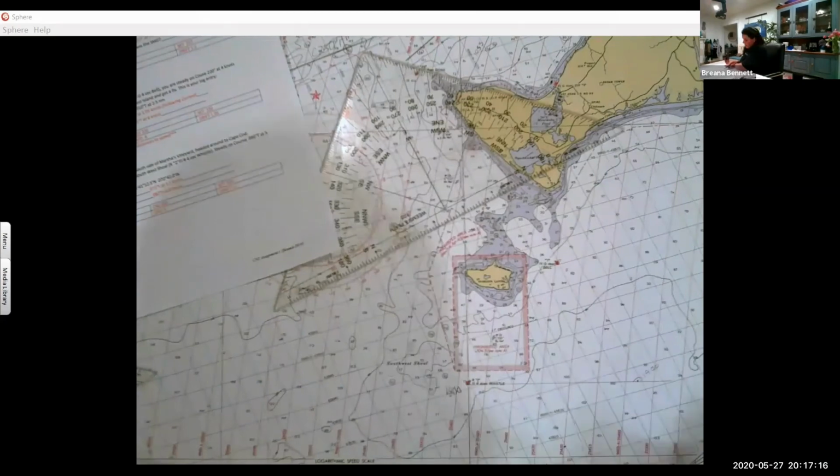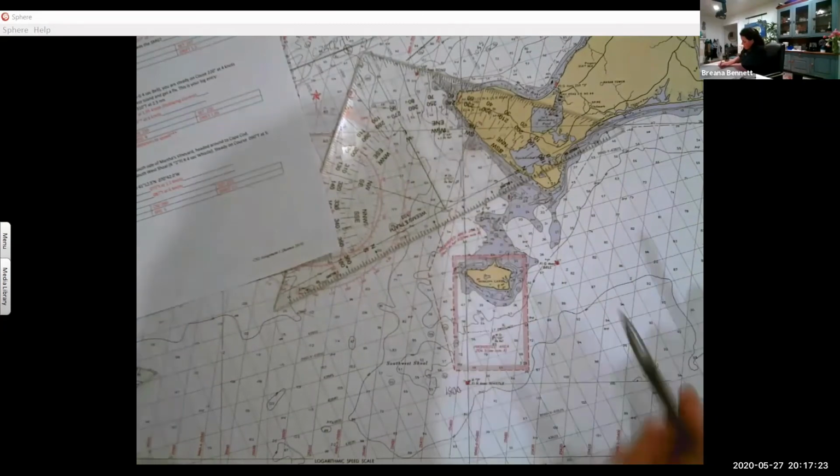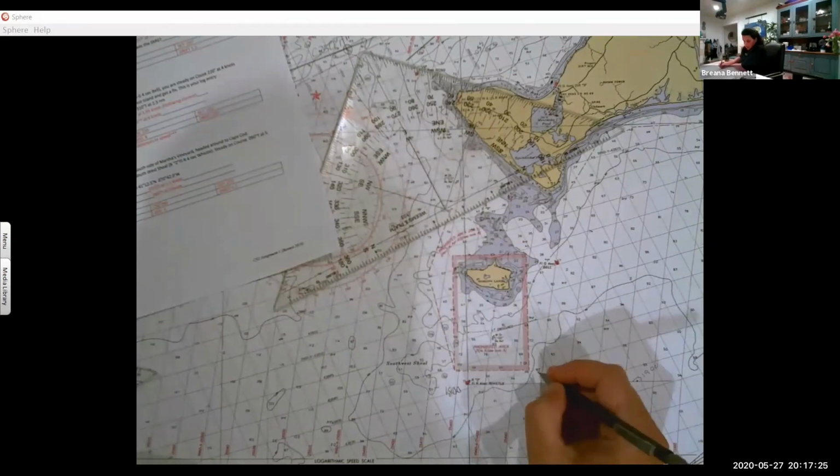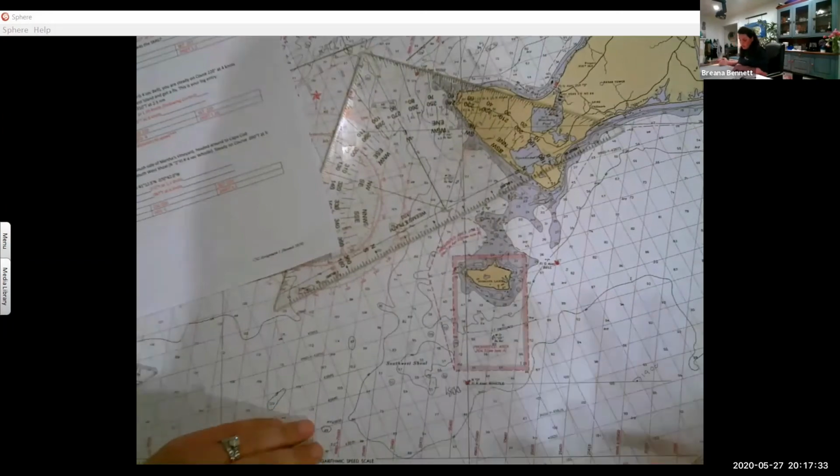So I have a departure at 1800 and a DR for 1900. This is my boat's line. I'm not going to write it just yet.